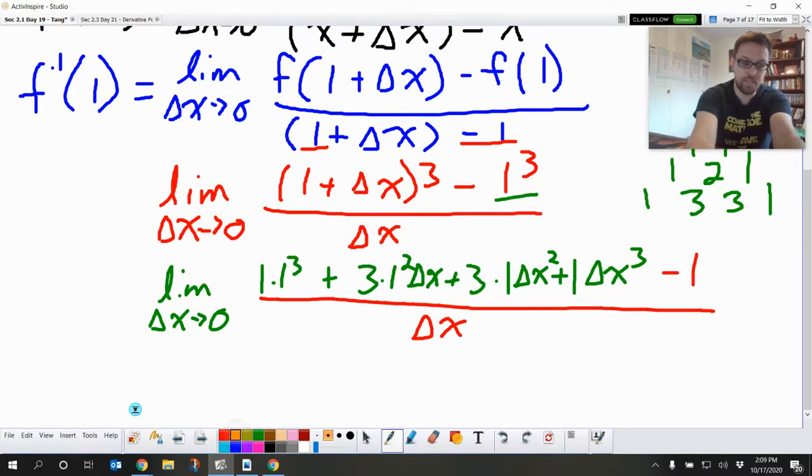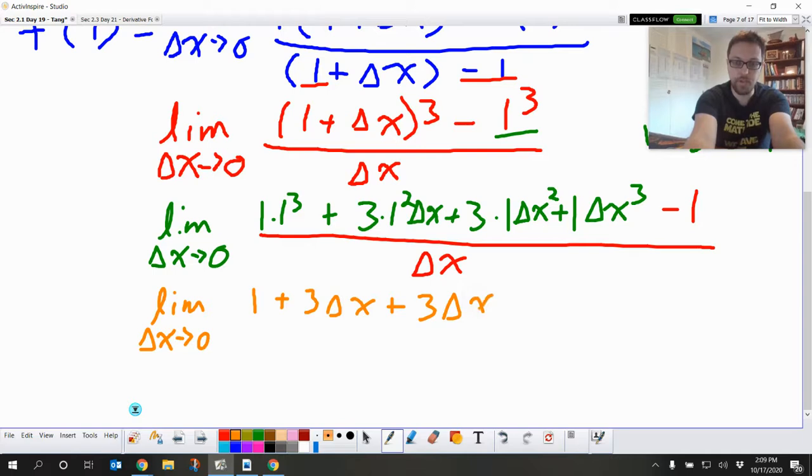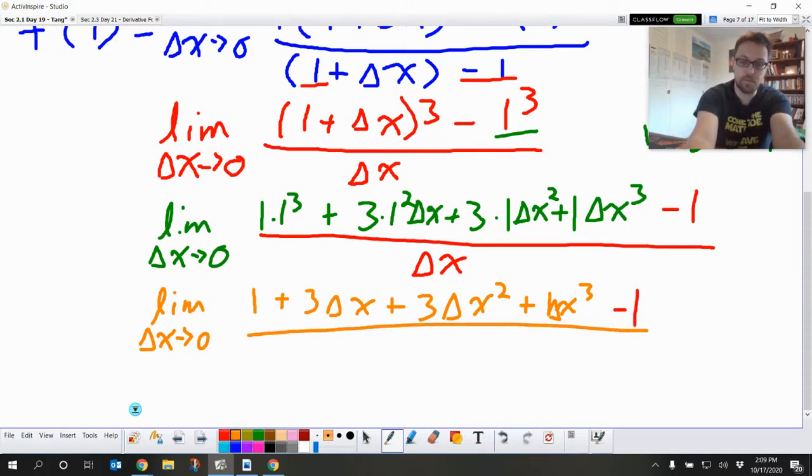All right, so let's clean up that numerator because it is a right mess. So the limit as delta x approaches 0, we've got 1, that's 1 times 1 cubed, plus 3 times 1 cubed, 1 squared, so that's 3 delta x, plus 3 delta x squared, plus 1 delta x cubed, -1, all over delta x.